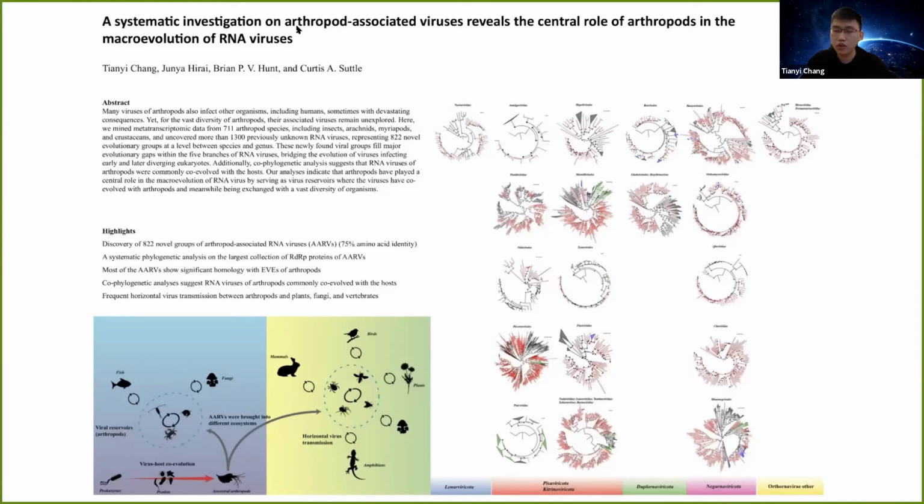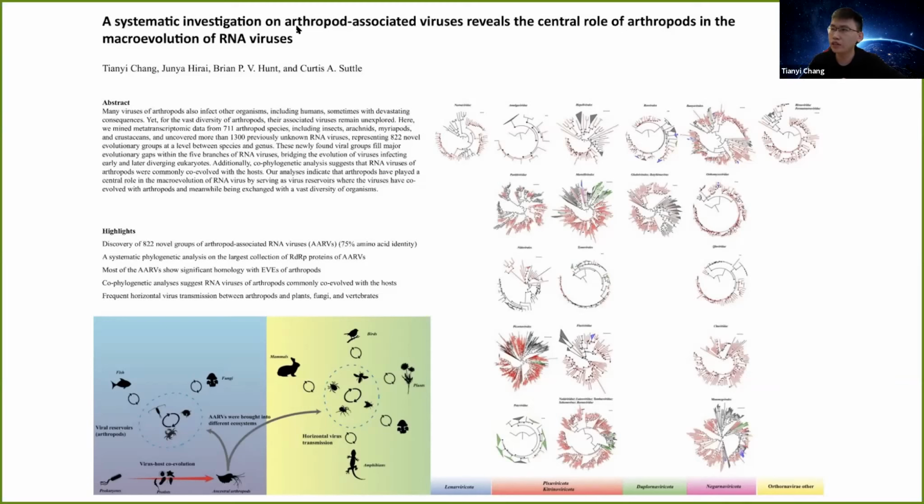So in this work, we systematically investigated metatranscriptomes from over 700 arthropod species, and we uncovered more than 1,300 previously unknown RNA viruses. Those viruses represent 822 novel evolutionary groups of viruses at a level between the species and genus based on their RdRp proteins.